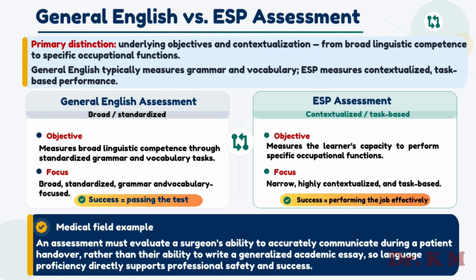General English assessment focuses on broad, standardized, grammar and vocabulary-focused, success means passing the test. ESP assessment focuses on narrow, highly contextualized, and task-based. Success means performing the job effectively.